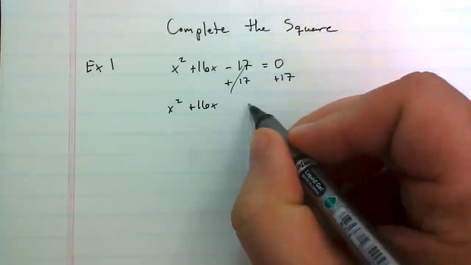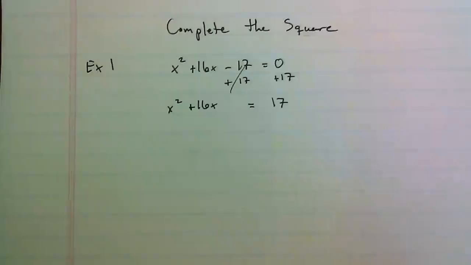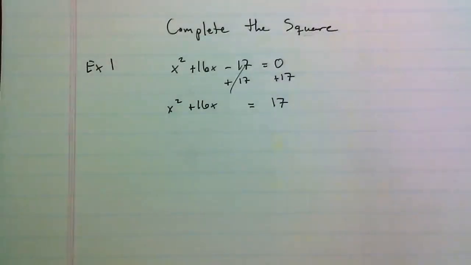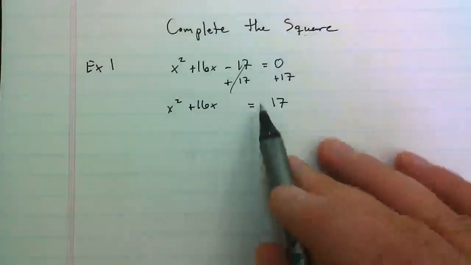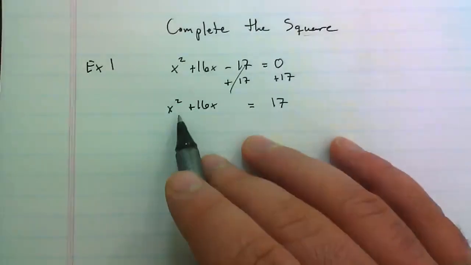What that does is it frees up the left hand side to put in our square, because what we're doing is turning this quadratic into a perfect square, which is really easily factorable and breaks down nicely using square roots. So that's step 1: move C over to the other side and make sure the equation is set equal to 0.